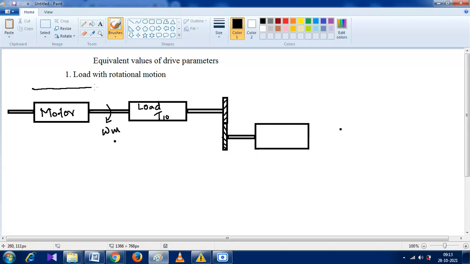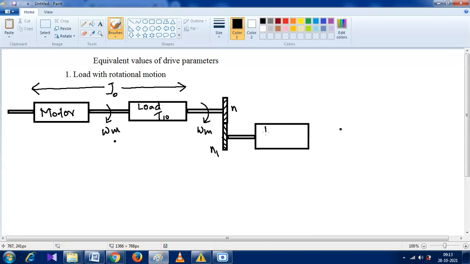The total moment of inertia of the motor and first load is J0, and this also rotates with speed omega m. Suppose the number of teeth of that gear is n, and for this it is n1.